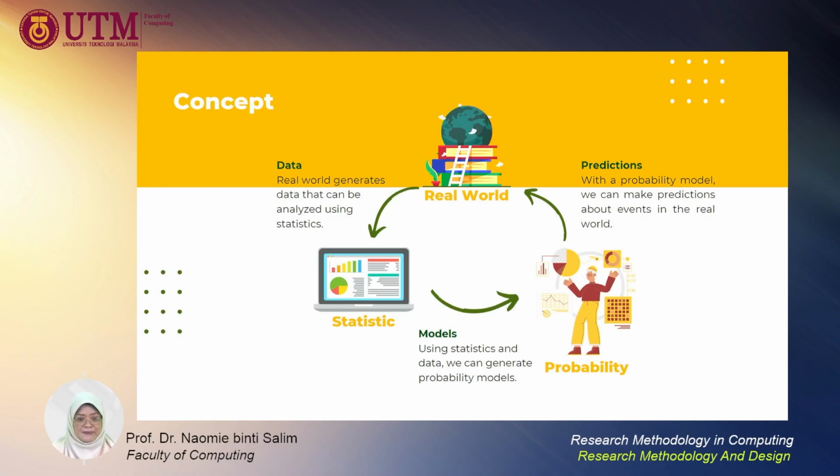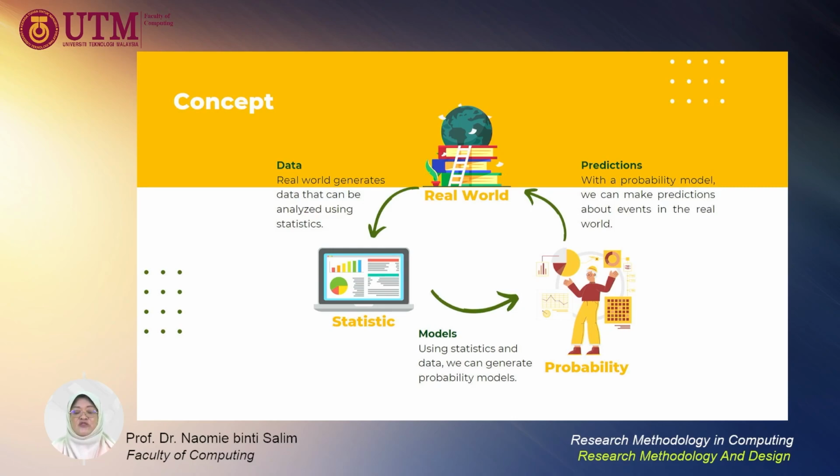So the concept is you have data where the real world generates data that you can analyze using statistics. Then you develop models where you use statistics based on your data to generate probability models about your data.